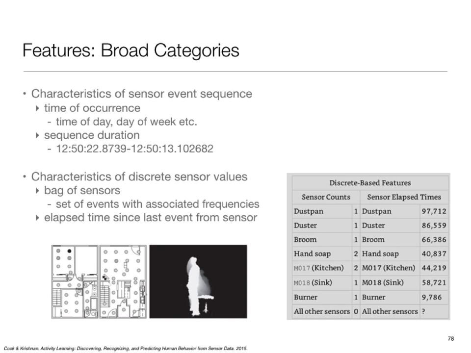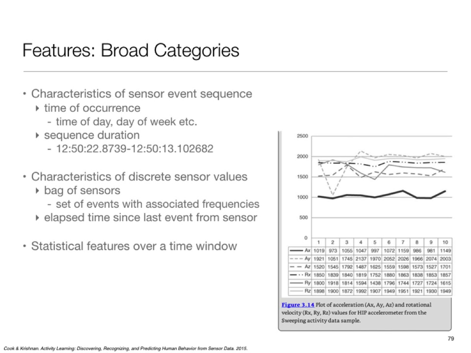These are just examples that I'm giving, and this table shows that in a particular window, I may have a dustpan event happen one time, and a duster or a broom event happen one time, and so forth. So I can reduce all that sequence of events into just a frequency-based thing, or the gap, the elapsed time between these events.